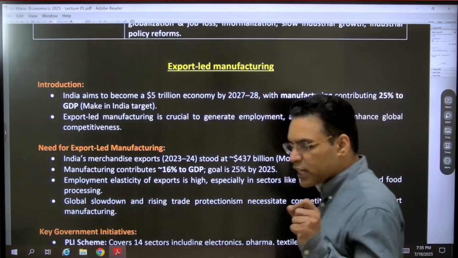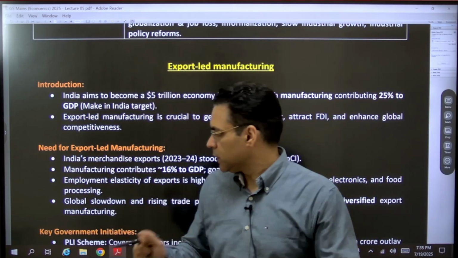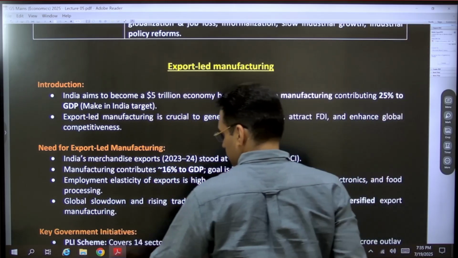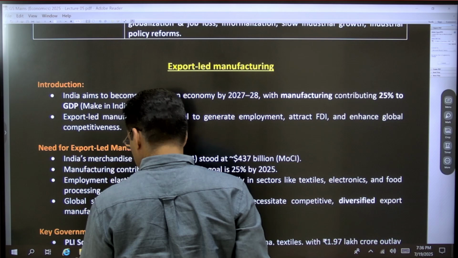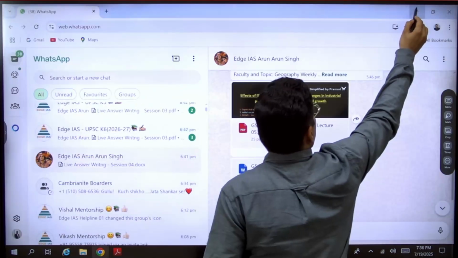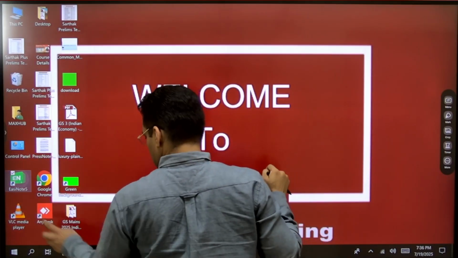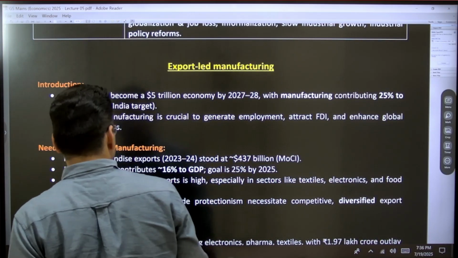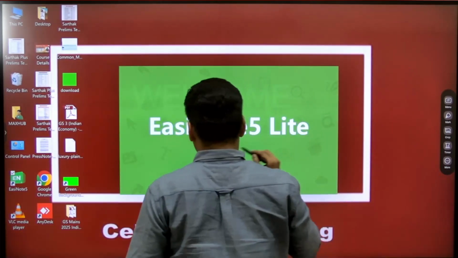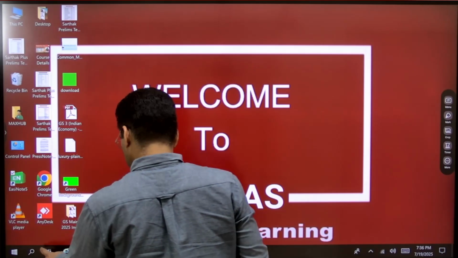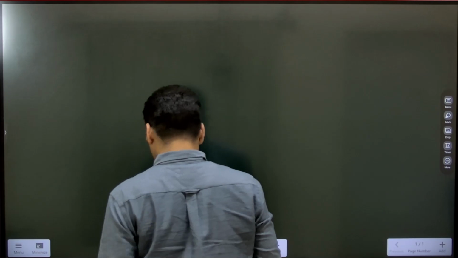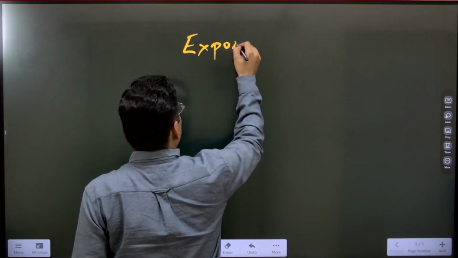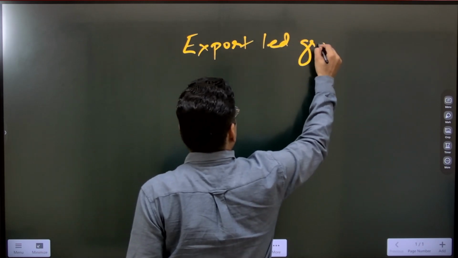So why are exports important? Let's understand. Export-led growth is what we are looking at.